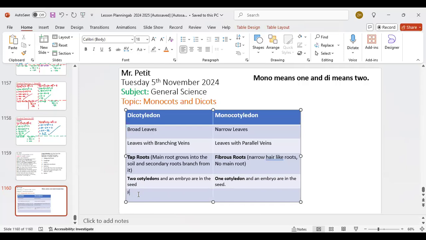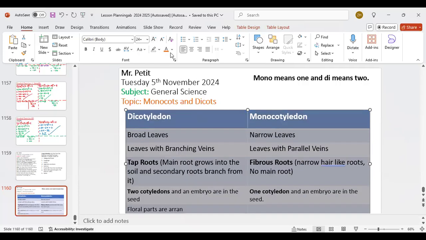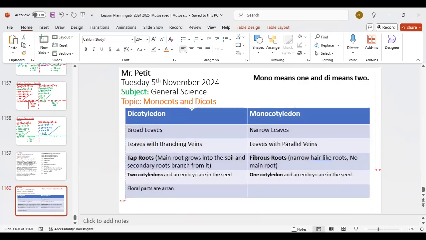Then for dicotyledon, the floral parts are arranged, let me make this bigger, in 4s or 5s or in their multiples.